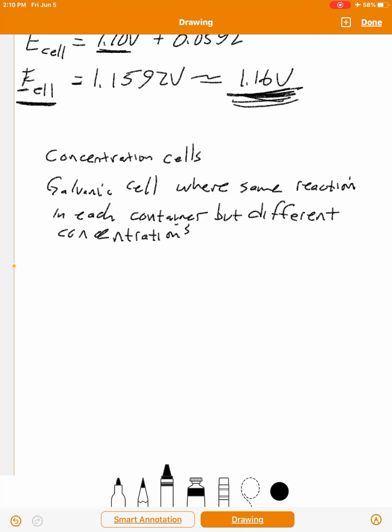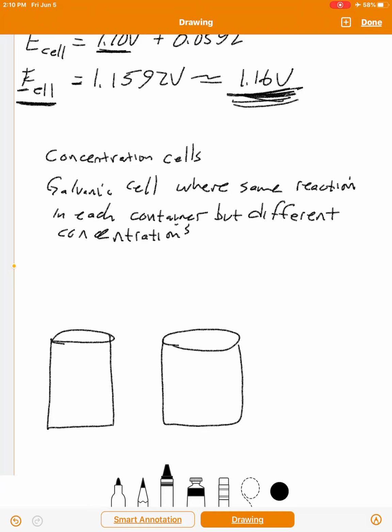So what I mean by that is you would take 2 beakers, for example, put a piece of zinc in both, right? So I'm going to take a piece of zinc. So this is zinc. That's a zinc electrode. And then I'm going to put the same metal, right?